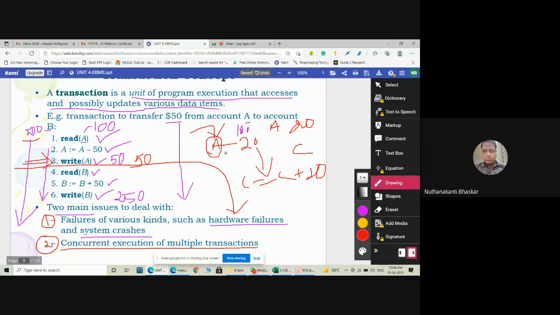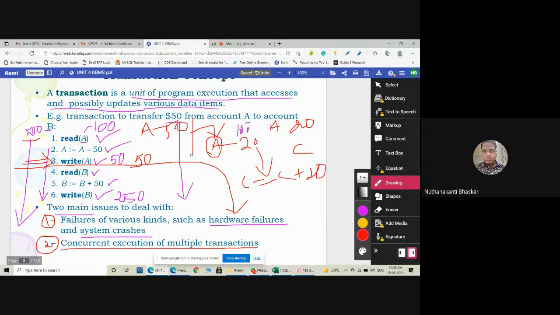Now this mechanism, generally it is not possible, because at a time one account is transferring $50, meaning A minus 50, and at the same time I want to transfer 20 to another account, A minus 20.